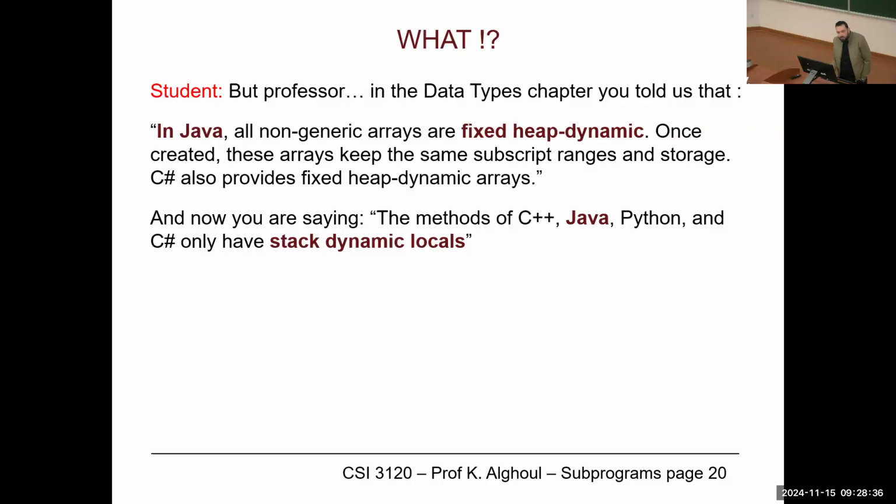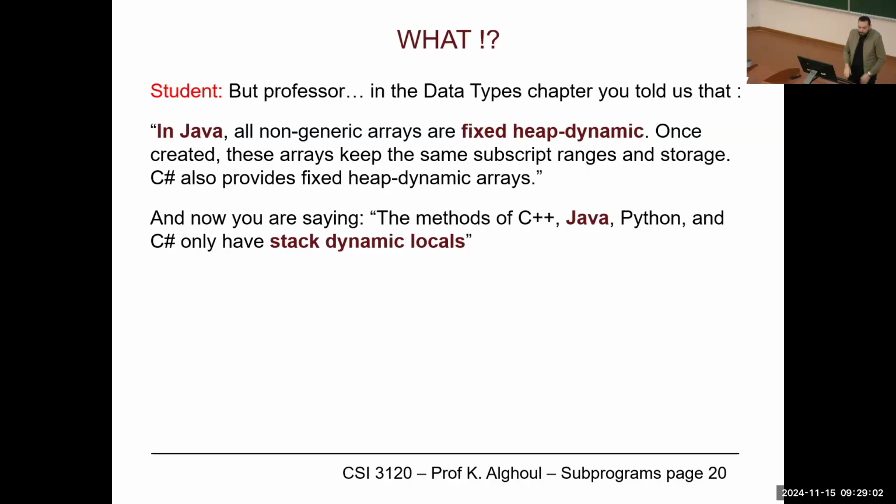Is this accurate? The keyword here is that when we talked about fixed heap dynamic, we were talking specifically about arrays. Everything else in Java is stack. So you need to not confuse these things. When we were covering the slides in the lab, we were actually talking about the array part of the type.